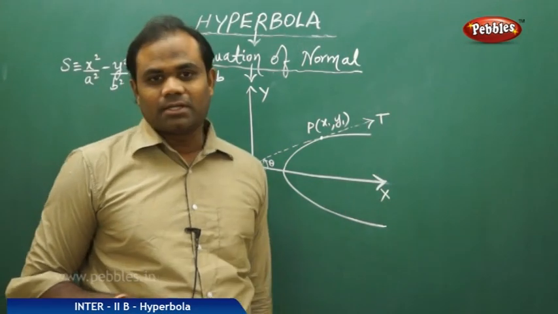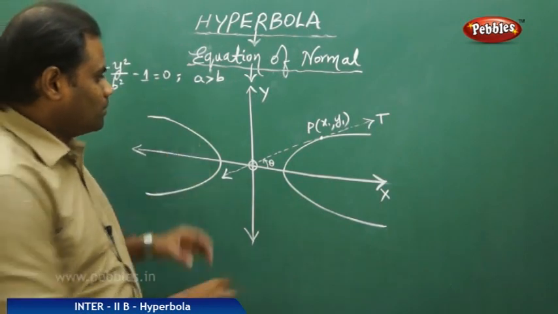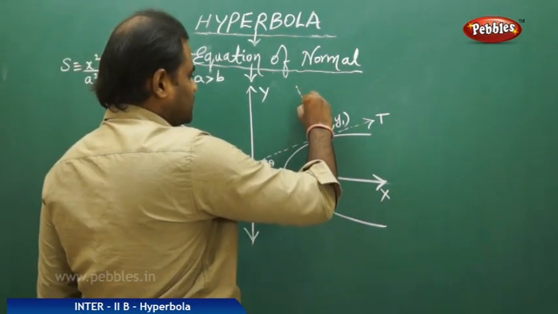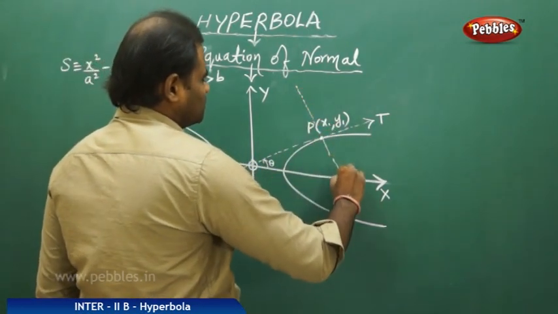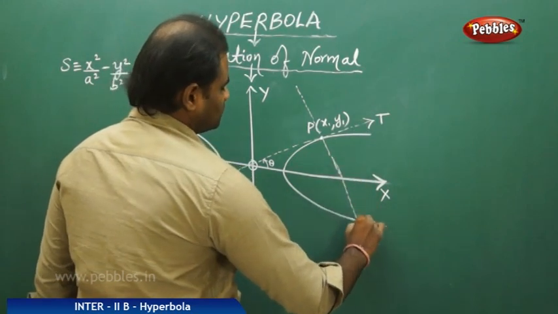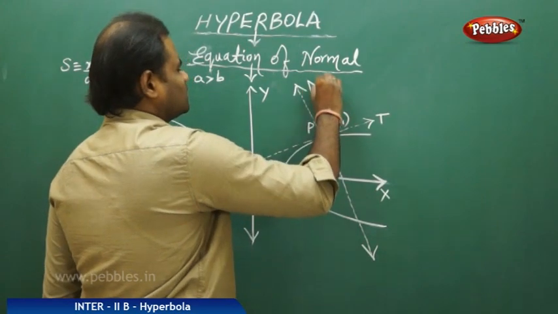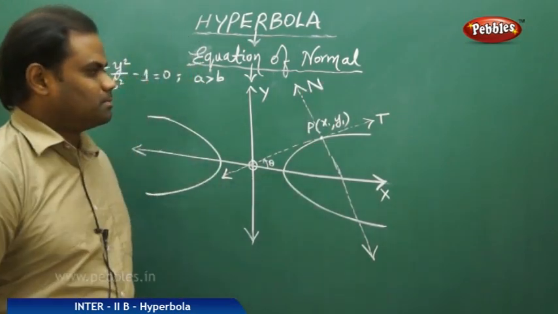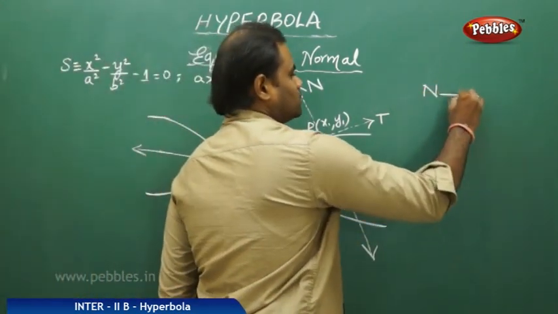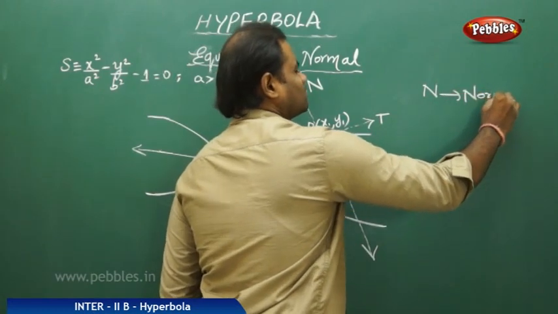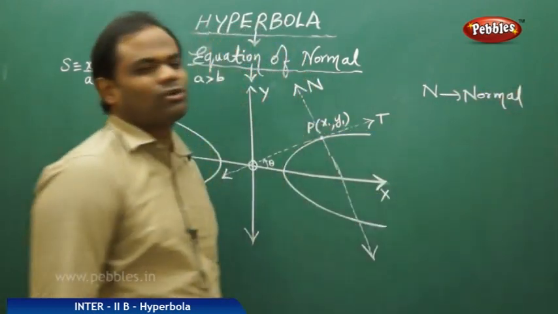Now in this case, I have the normal which is perpendicular to the tangent and passing through the point of contact. So this is the normal which is perpendicular to the tangent. So N is the normal.